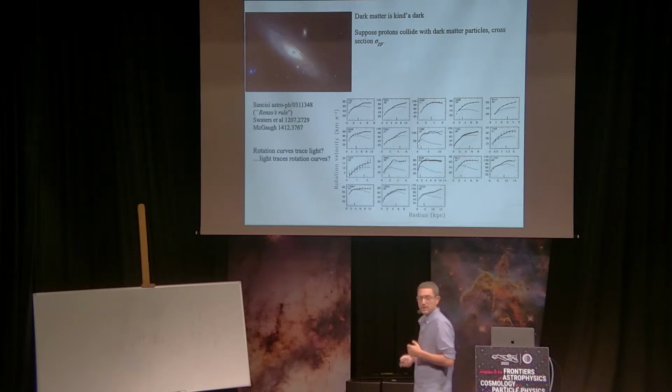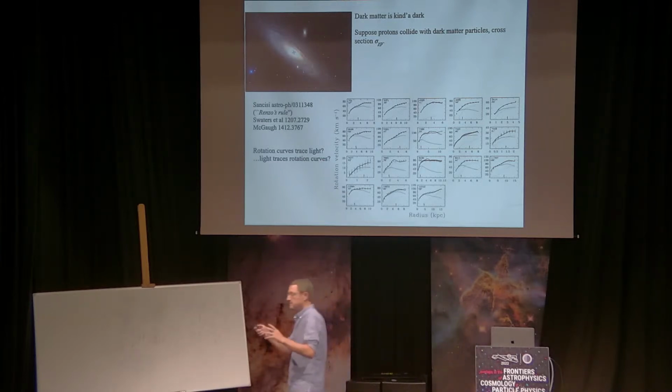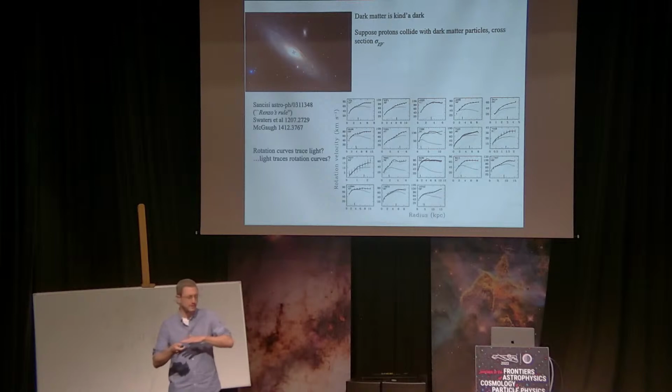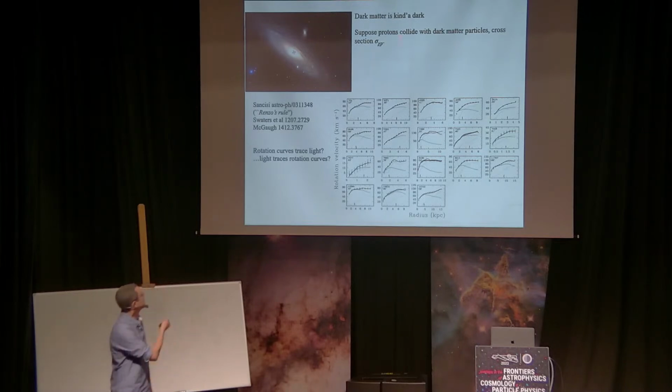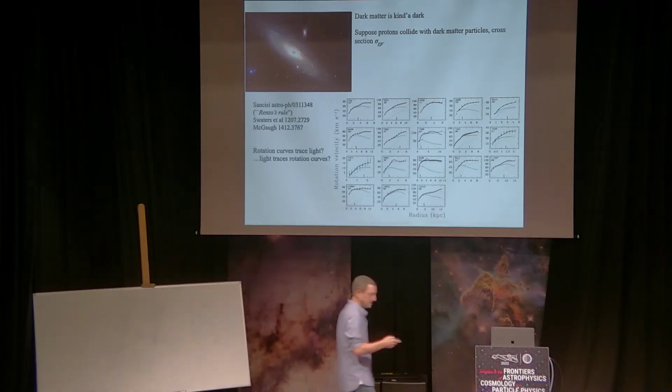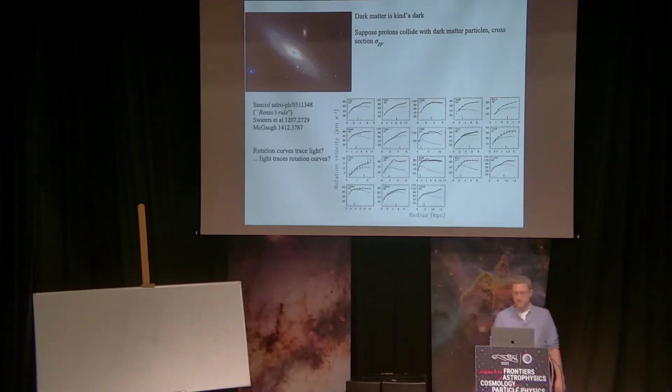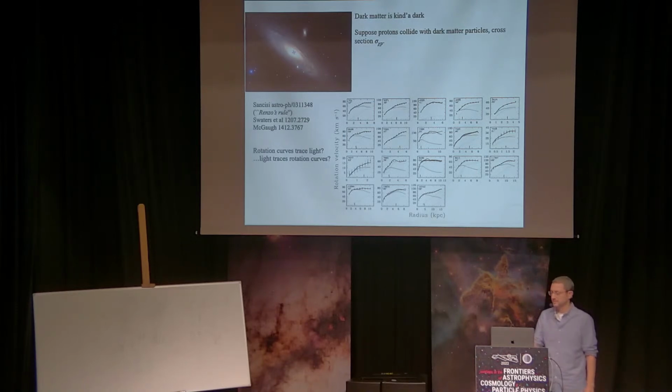Maybe light traces rotation curves. Maybe there is some distribution of dark matter, and the gas in the disk interacts with it and somehow responds. So maybe this could be a motivation to consider this kind of process even more excitedly. I'm just throwing this out there as a motivation to discuss this.